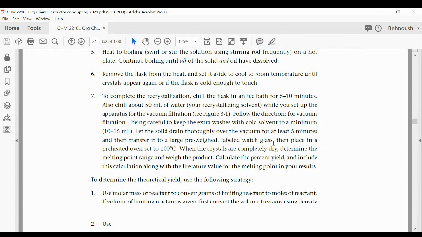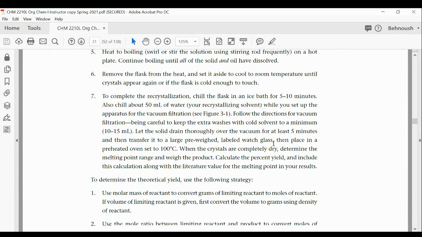I can understand for experiment 3 because it's huge. The volume of theory has to cover everything, how to do the recrystallization. And why is recrystallization all of a sudden so important?